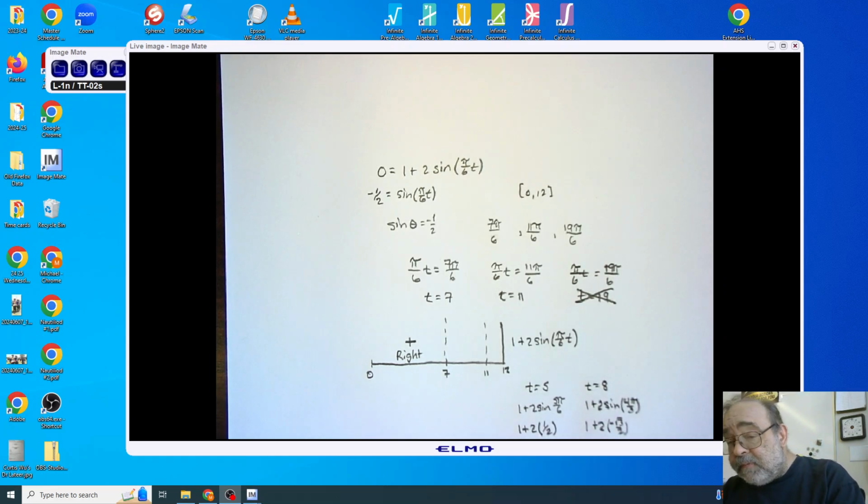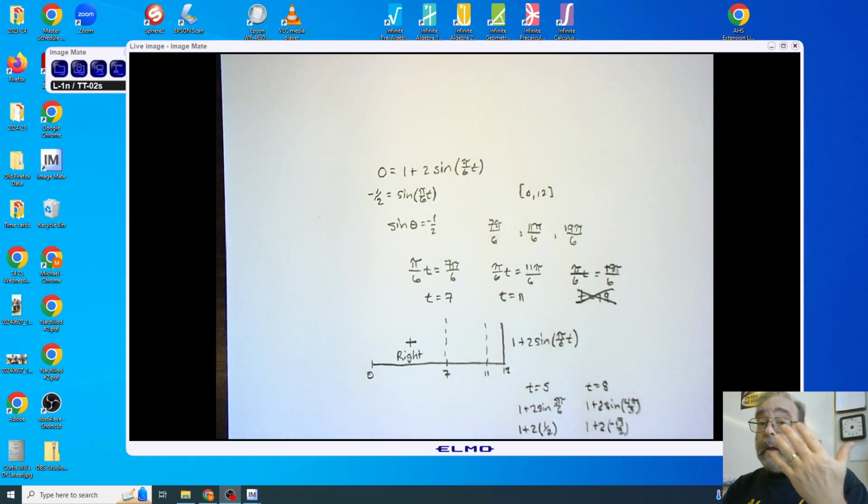Since root 3 is between 1 and 4, and the square root of 1 is 1 and the square root of 4 is 2, I know the result is greater than 1 but less than 2. If that's the case, then this will have to be negative. So 1 point something that's negative, add a 1 to it, you get a negative point something.